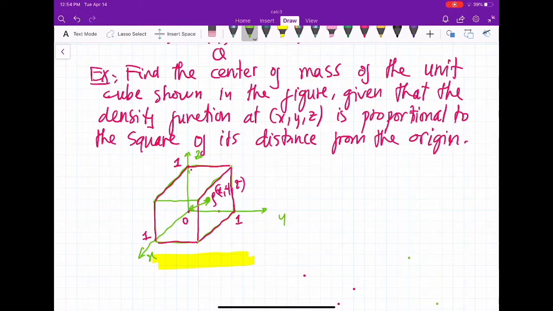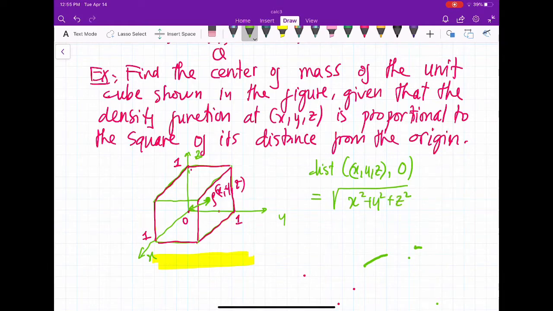So the distance from x, y, z to the origin is nothing but the square root of x squared plus y squared plus z squared. Make sense? And they say that the density function is proportional.